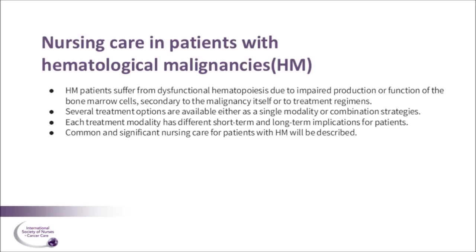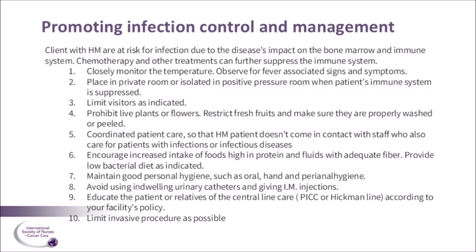This section will discuss the nursing care. Infection control and management are critical for patients with hematological malignancies due to their compromised immune systems. Patients with hematological malignancies are at risk for infection due to the disease's impact on the bone marrow and immune system.